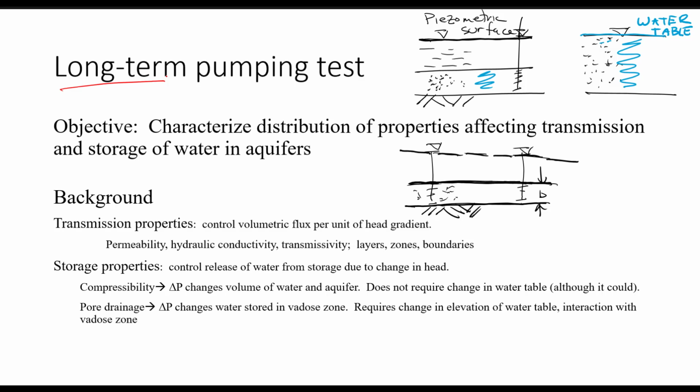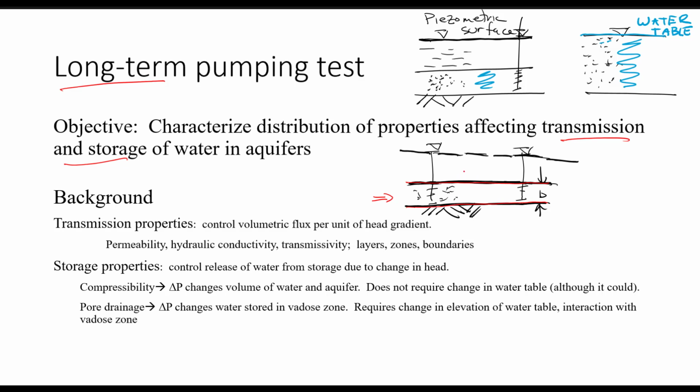To understand what I'm talking about, we should first review transmission and storage properties of aquifers. A transmission property is a property that controls the volumetric flux per unit of head gradient in an aquifer. So, here's a simple sketch of an aquifer, and I'm implying that it's a confined aquifer.